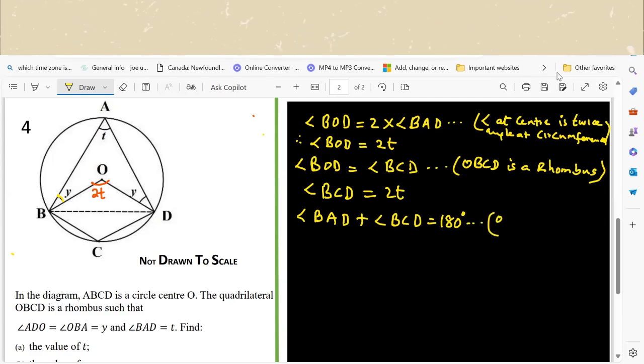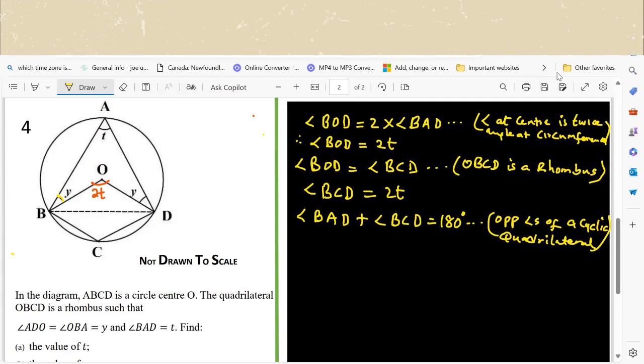Reason: opposite angles of a cyclic quadrilateral. Opposite angles of a cyclic quadrilateral will add up to 180. The theorem says the opposite angles of a cyclic quadrilateral are supplementary.